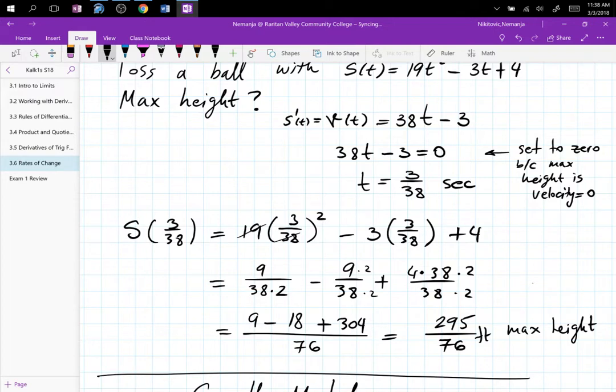That's the concept. So set it to 0 because max height is velocity 0. That's what happened. Again, look. So that's why it's up there. That's the equation. You see, when it reached this location, it stopped. So velocity is 0. The speed of the marker is 0, and then it started picking up speed going down.